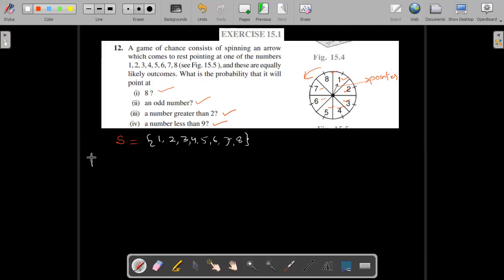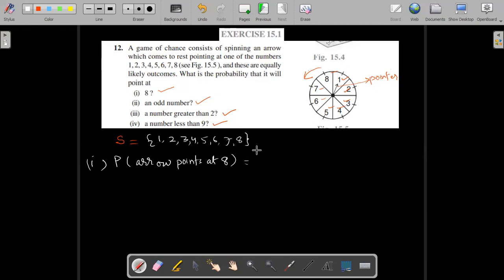Therefore, the probability that the arrow points at 8: out of 8 possible cases, 8 can come only one time.